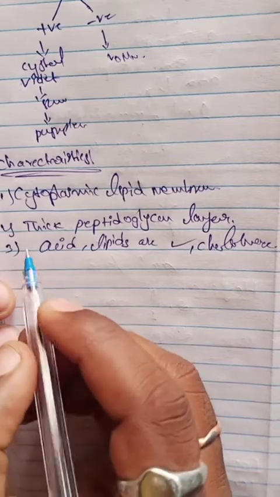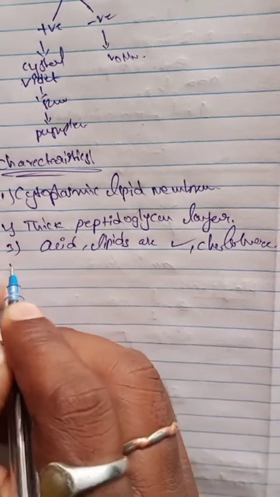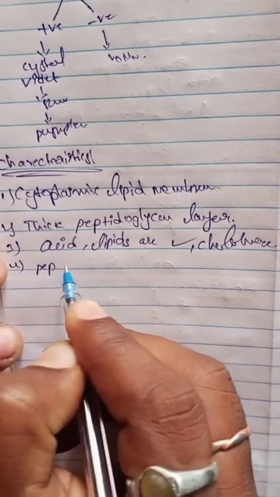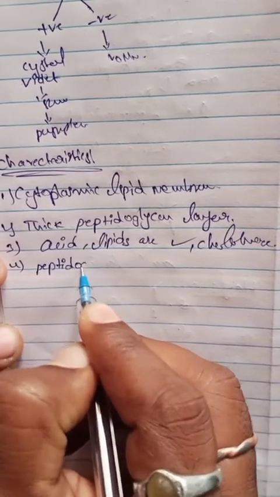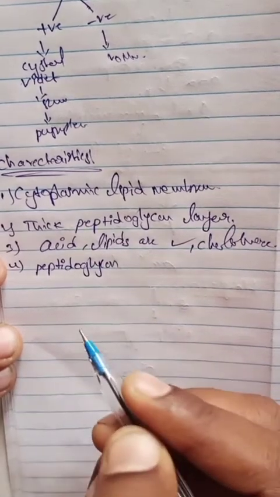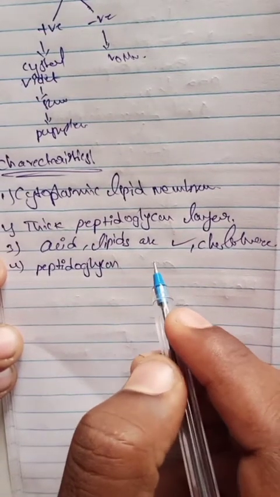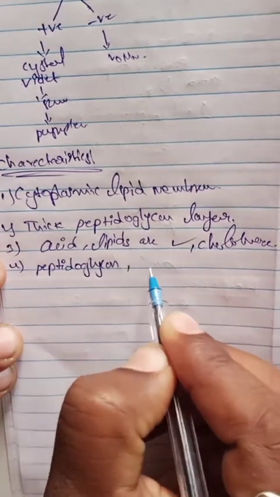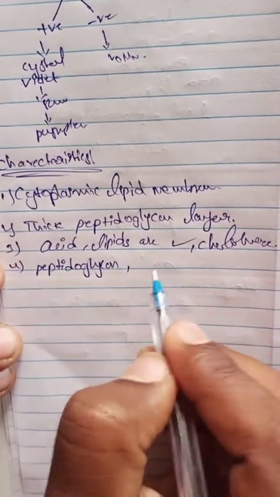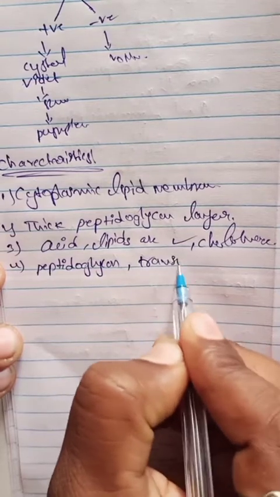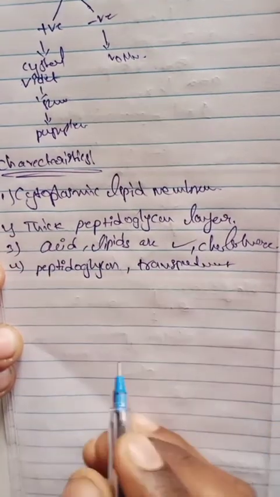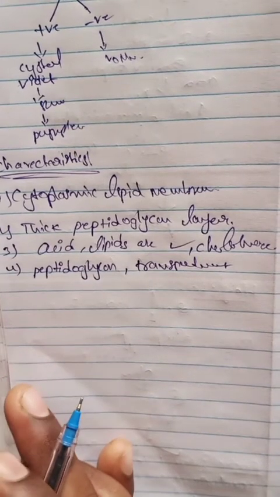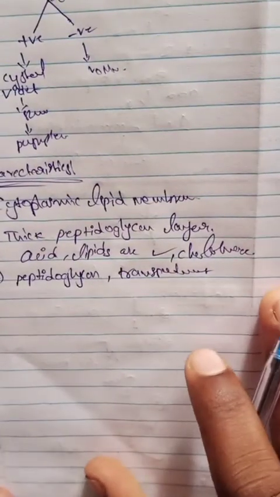The cell wall contains peptidoglycan chains, and an enzyme, transpeptidase, is also present. These are some characteristics of gram-positive cocci.